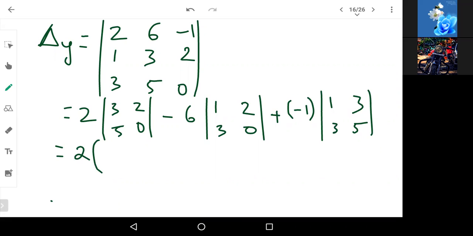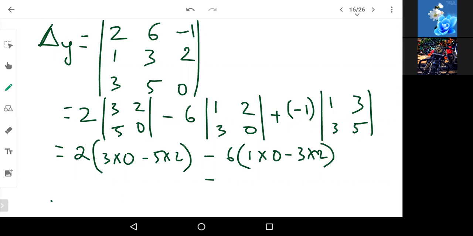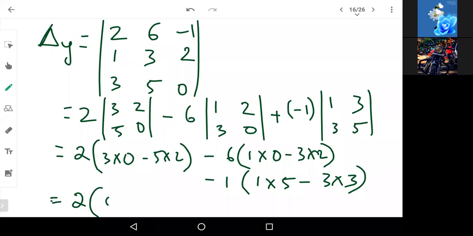2 into (3 into 0 − 5 into 2) minus 6 into (1 into 0 − 3 into 2) minus 1 into (1 into 5 − 3 into 3). So 2 into (0 − 10) minus 6 into (0 − 6) minus 1 into (5 − 9).